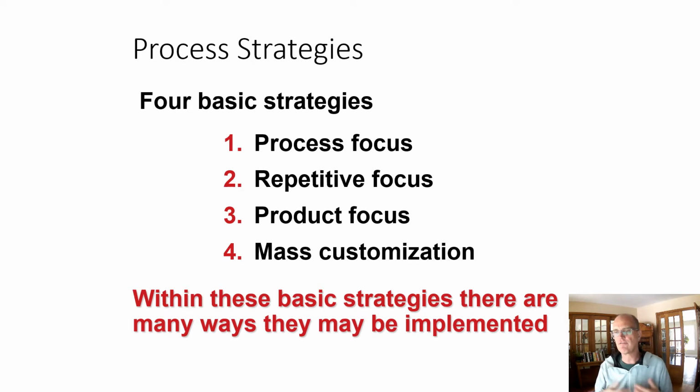With a product focus, your focus is efficiency, and with a process focus, your focus is on giving each individual customer the specific parameters or service they're looking for. Within these basic strategies, there are many ways they can be implemented. You can be asked on an exam to give an example of process focus versus product focus, and understanding the differences in those concepts becomes key.